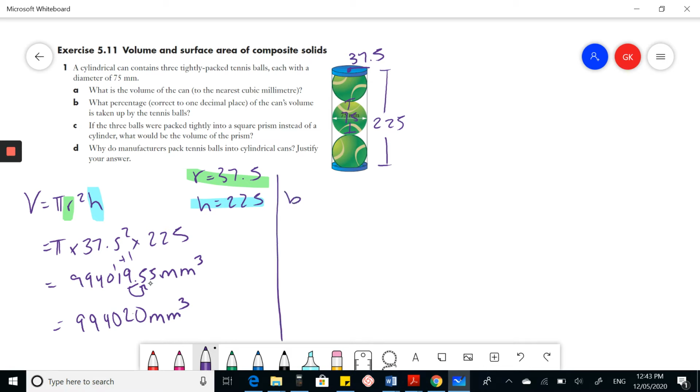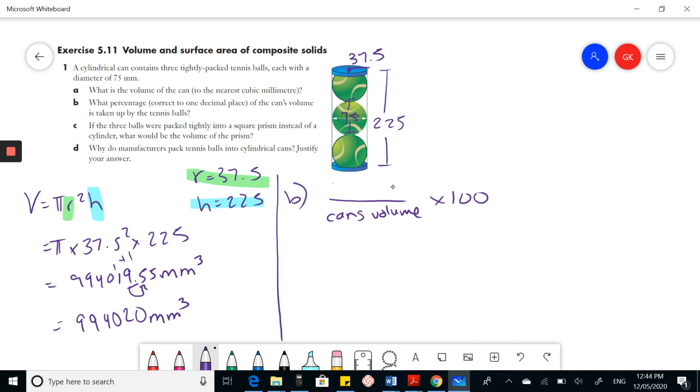For part B, we go, what's the percentage of the can's volume that is taken up by the tennis balls? So we're finding the percentage, so times 100, of the can's volume. So that means fraction of the can's volume is taken up by the tennis balls.